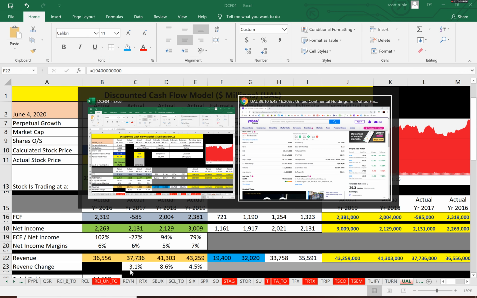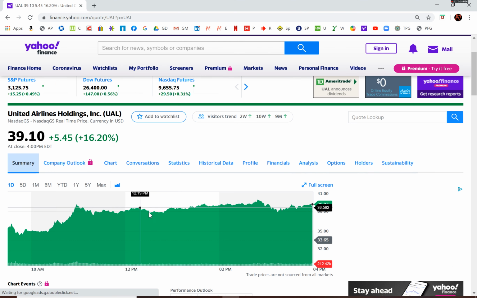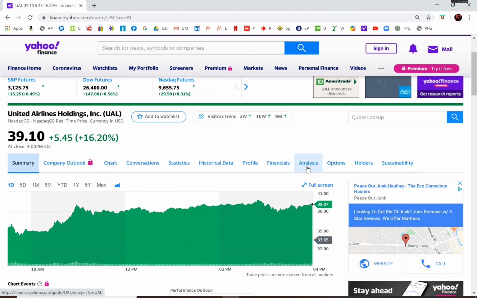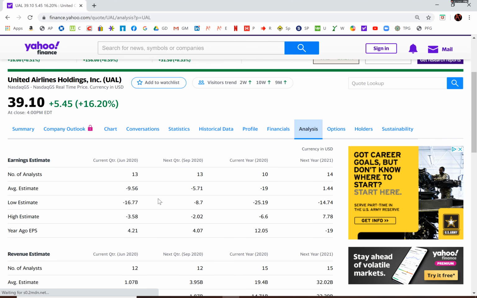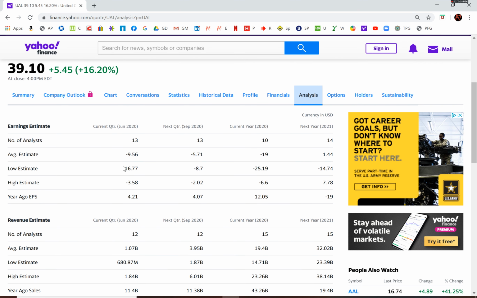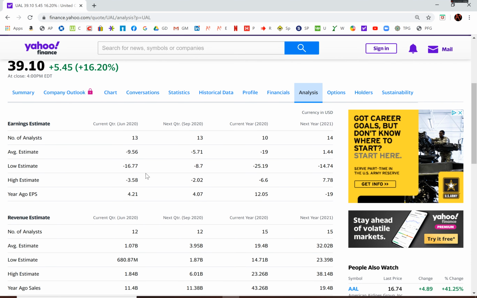So what I did, I went to Yahoo Finance, and if you go to the analysis section, there's estimates from analysts, like analysts at big banks. They provide estimates on how the company's going to be doing in the next couple of years.